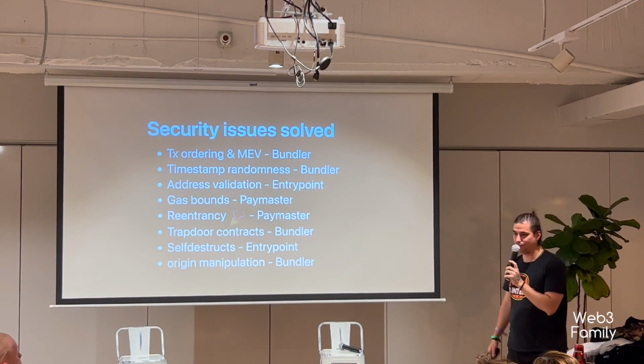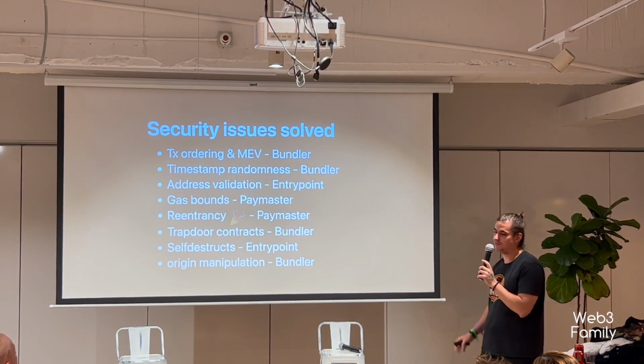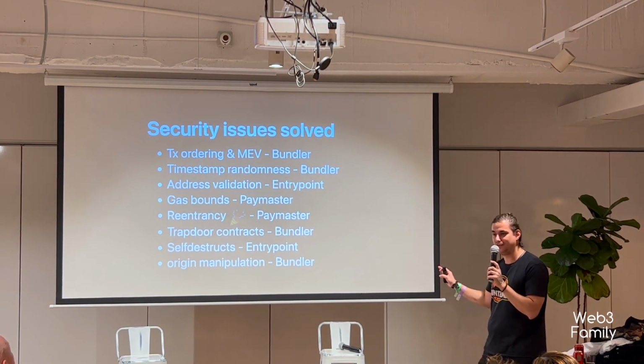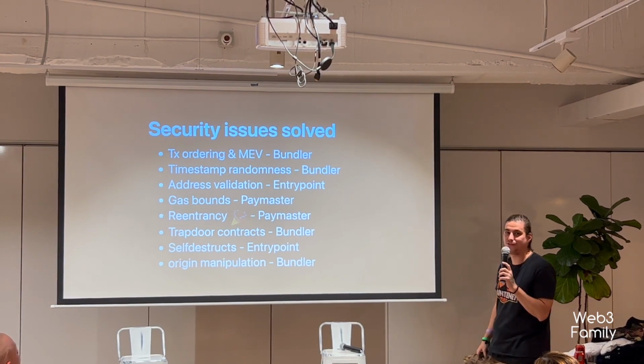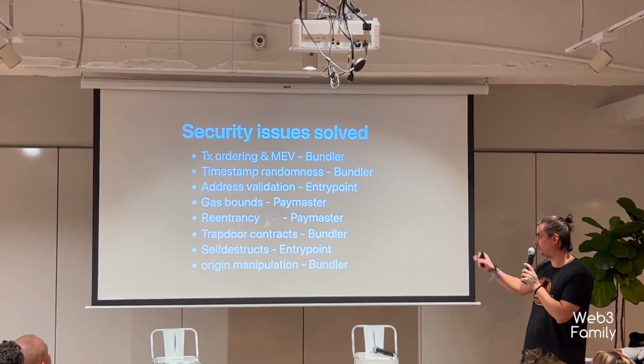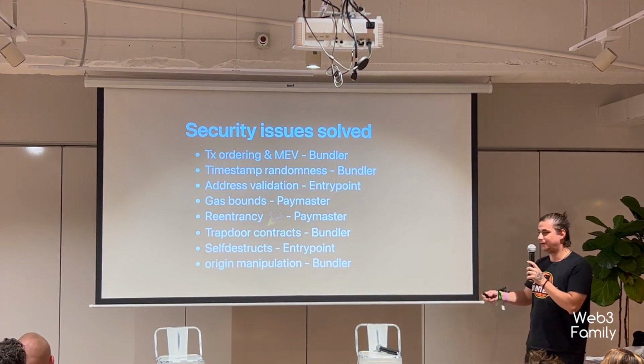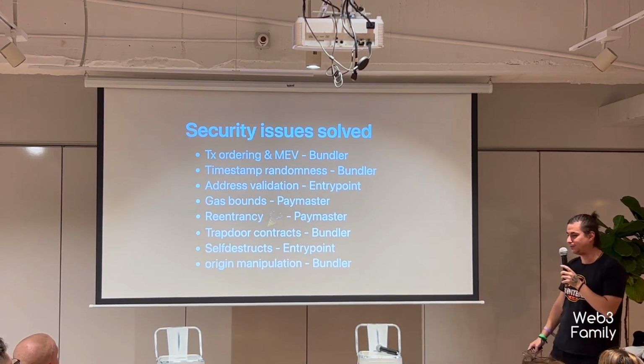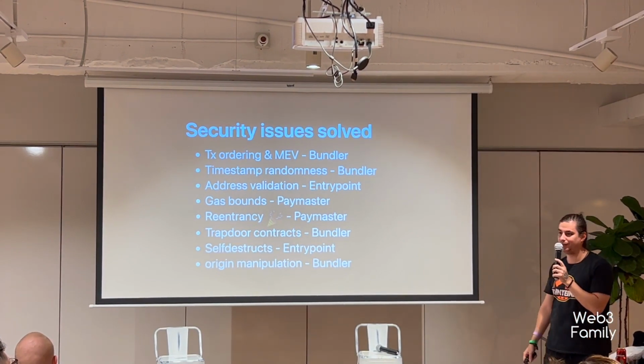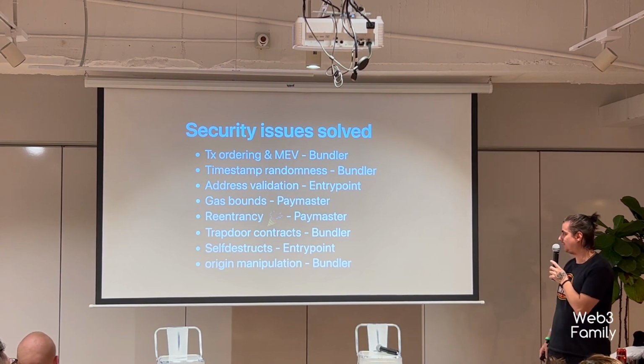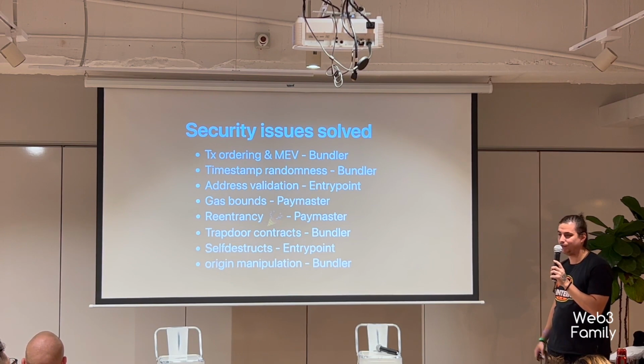So security issues solved, the first part that you're likely not going to see if everything is implemented correctly. But of course, there are going to be smart contract issues. The hottest topic, the biggest problem we have right now, is transaction ordering and MEV, miner extractable value. Because of the presence of the bundler, we are not likely to see that anymore.